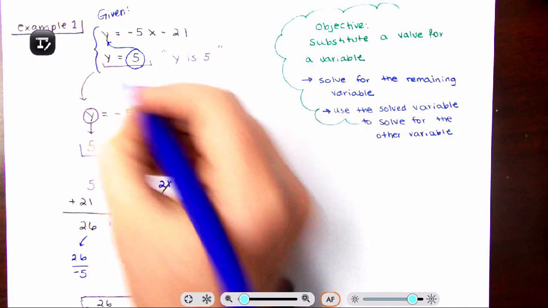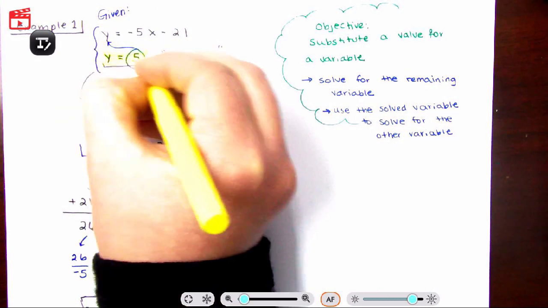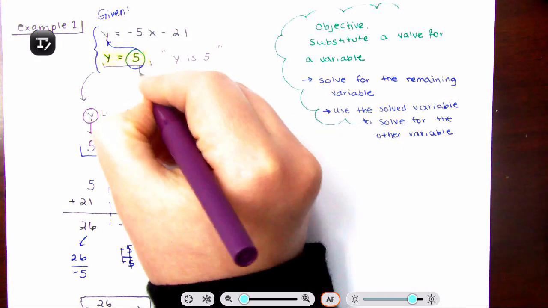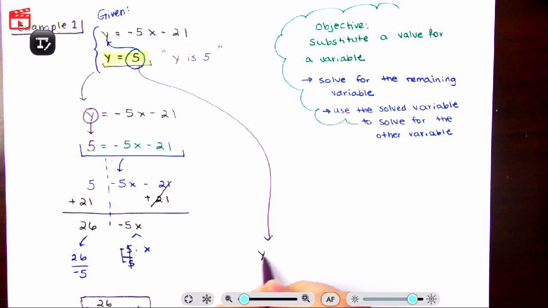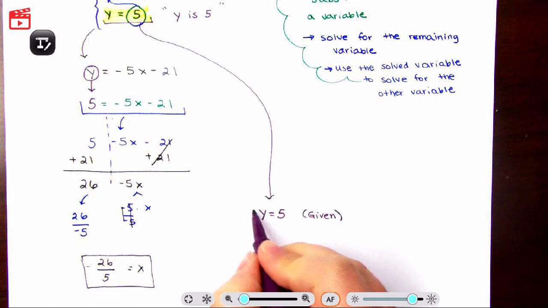Because of this section right here that they already gave us, not always will they give you something like this. This is just our beginning example. Because we know what y is, and that's given to us, we're done. We don't have to solve for the other variable in this example. Now, typically you would have to.